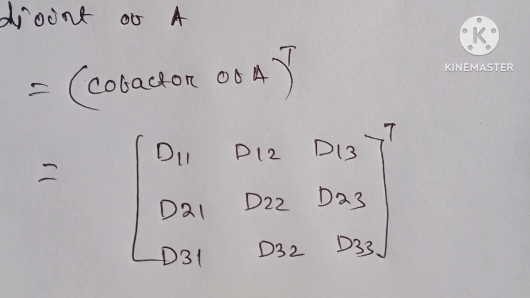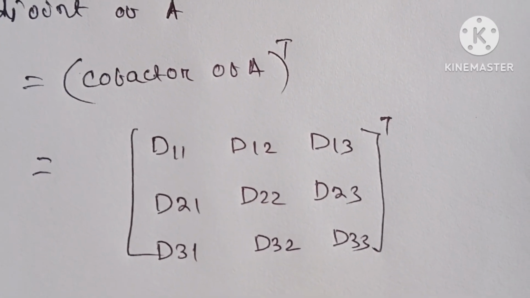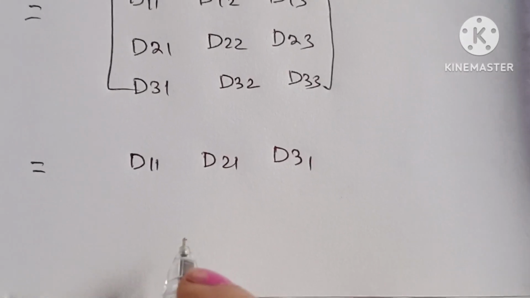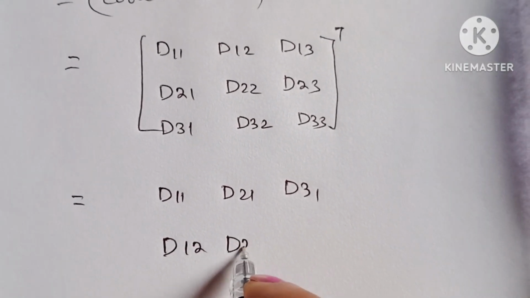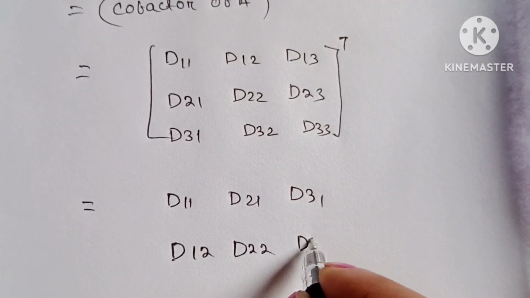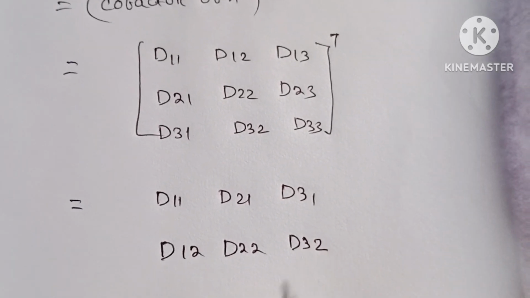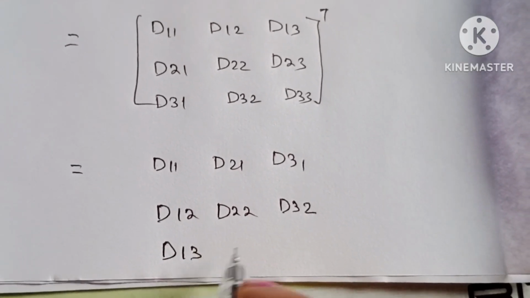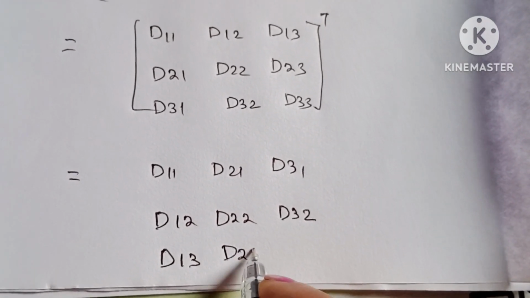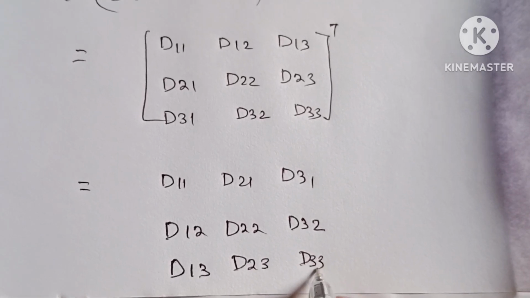So this is equal to d11, d21, d31, d12, d22, d32, d13, d23, d33.